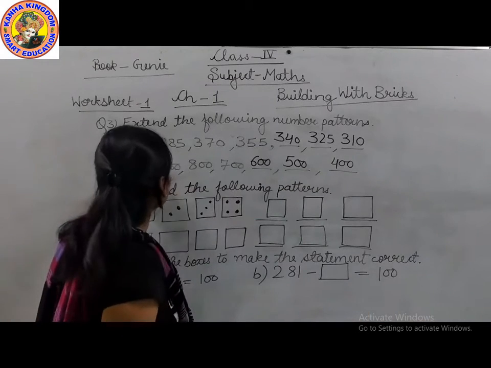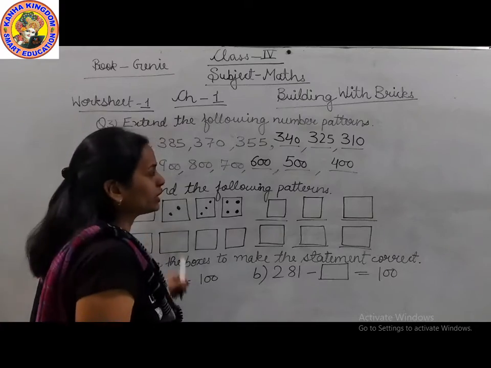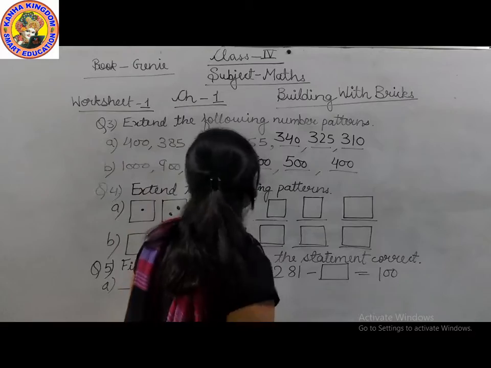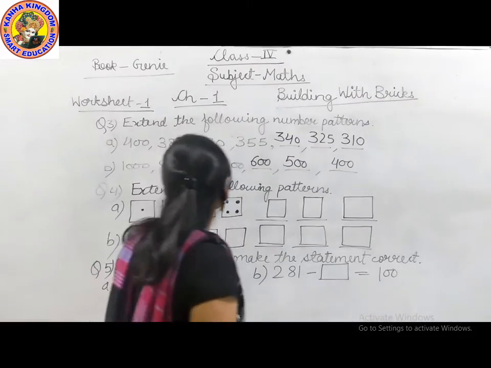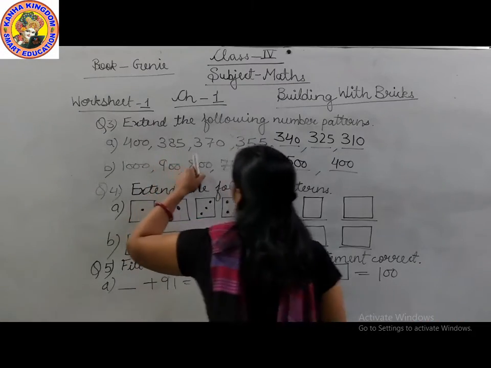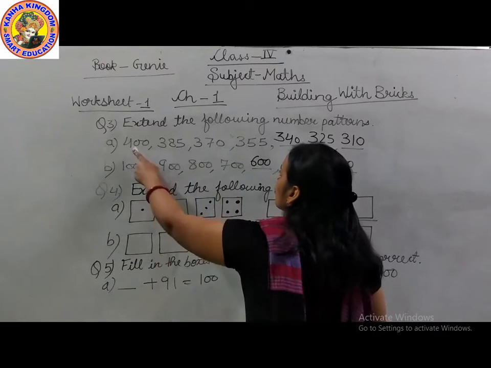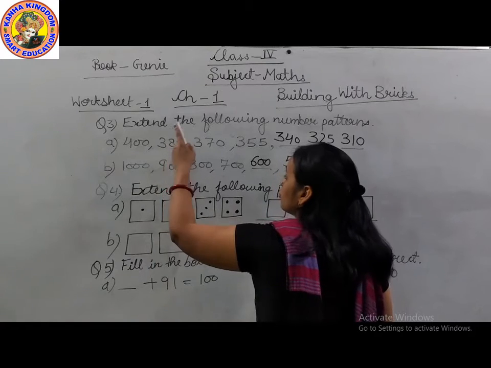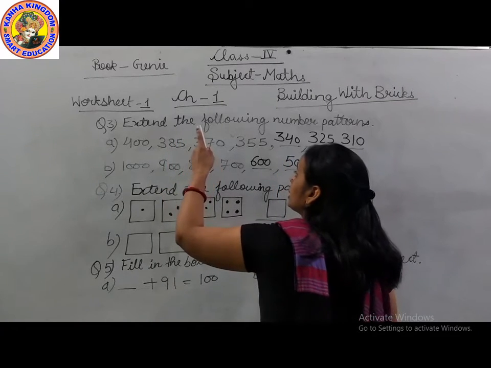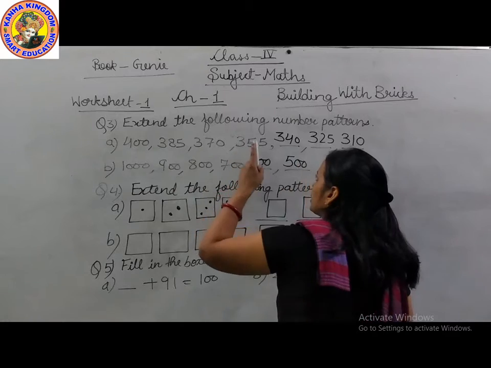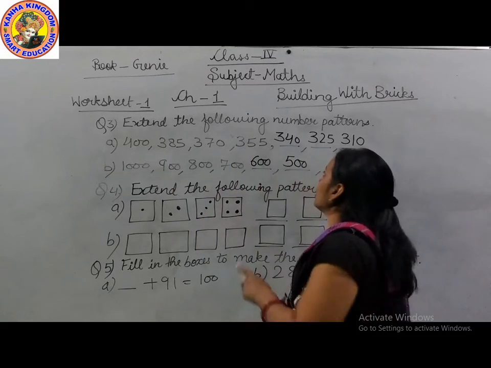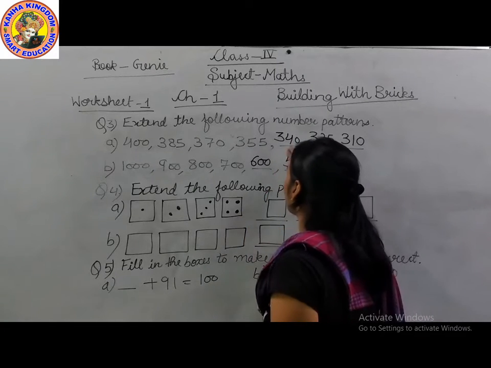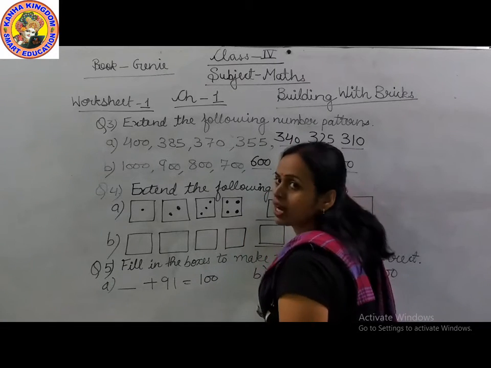Okay. So first we look at the number pattern. First we have to look at the difference between the first two digits and in each digit. 400 minus 15, 385. 385 minus 15, 370. 370 minus 15, 355. 355 minus 15, 340. 340 minus 15, 325.